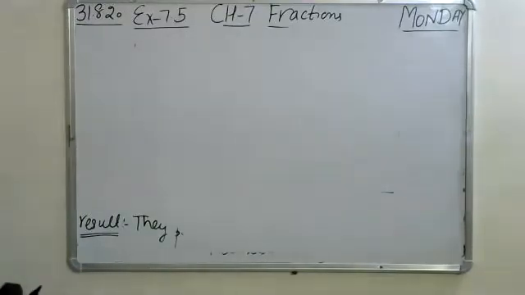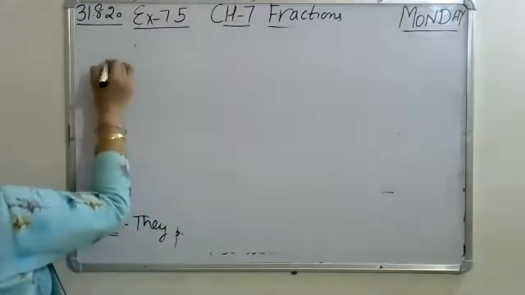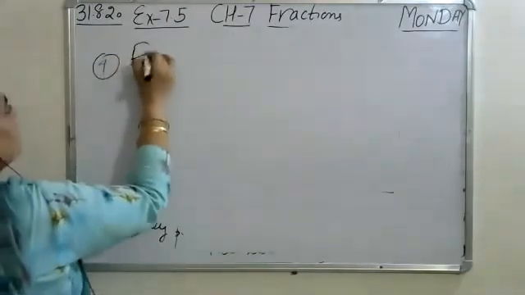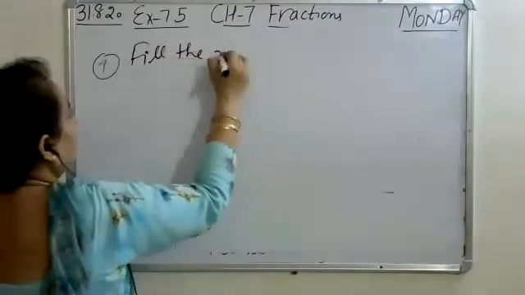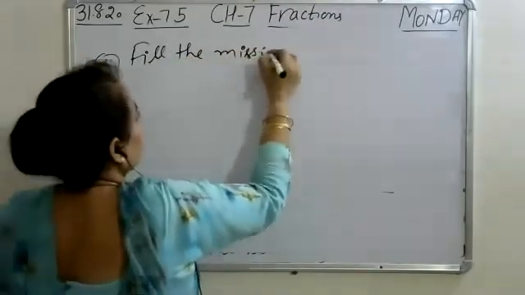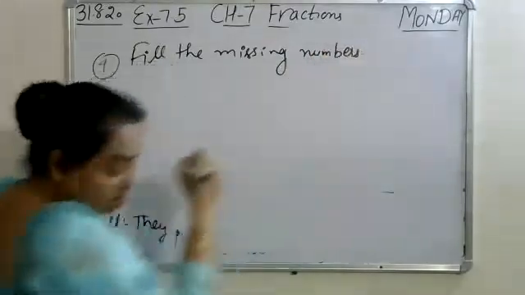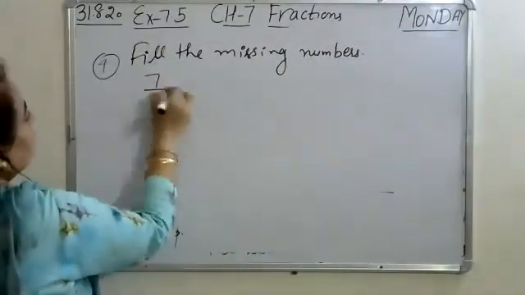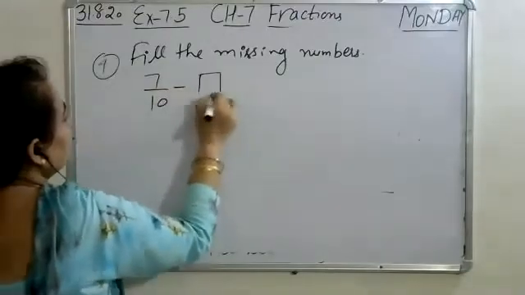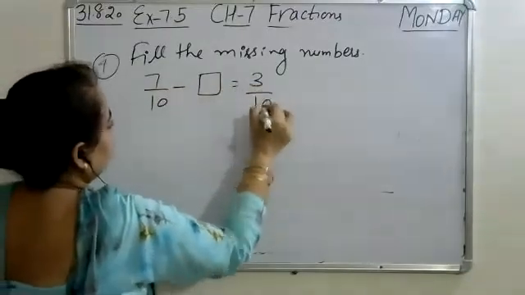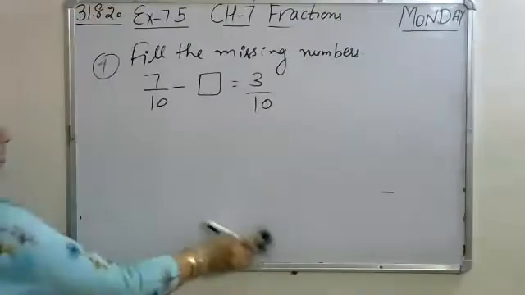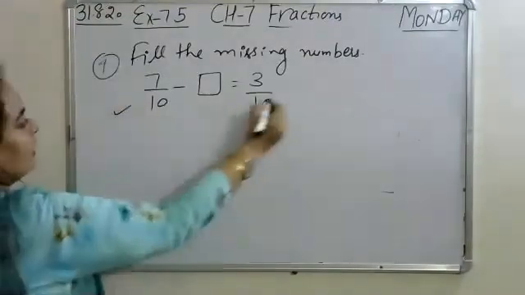Now Guneet, tell me, the fourth question is based on fill the missing numbers. The question is 7 by 10 minus blank is equal to 3 by 10. In this question we have left hand side as well as right hand side.